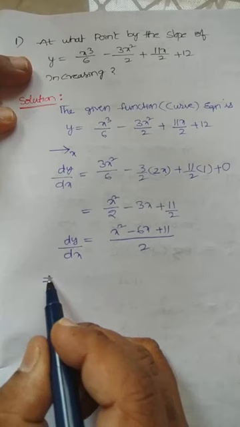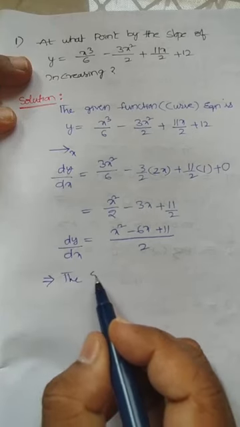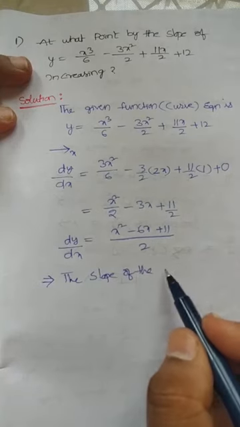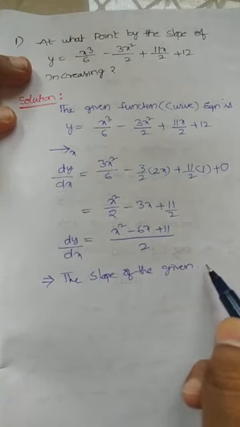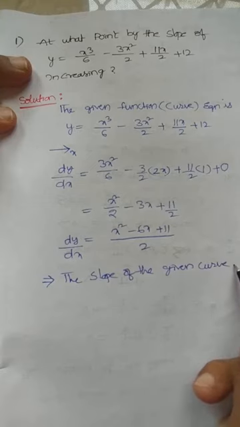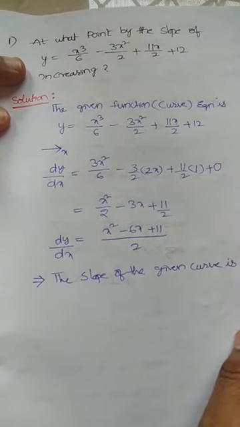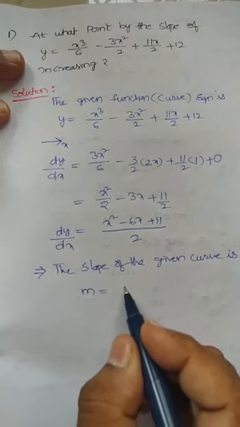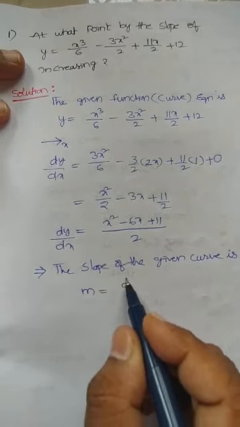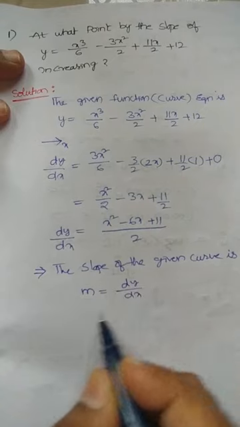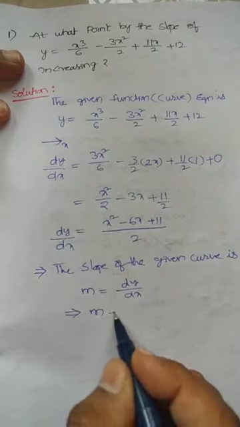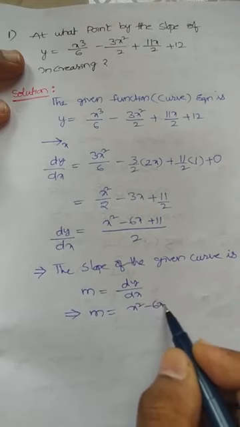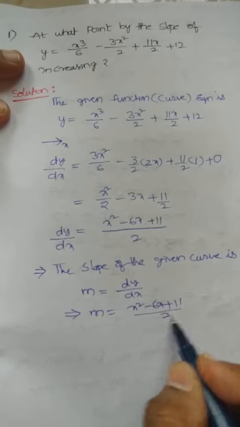That implies the slope of the given curve, at any point P(x, y), is m = dy/dx = (x^2 - 6x + 11)/2.